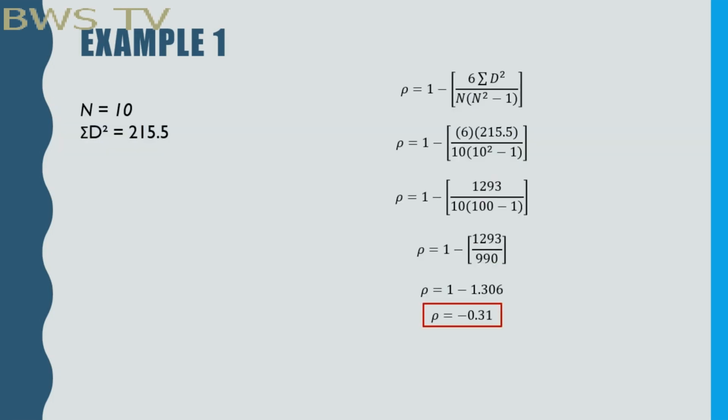Then, we can start solving for rho since we've finished the table. Again, the formula for rho is 1 minus 6 summation of d squared over n multiplied by n squared minus 1. Then you can substitute it with their appropriate numbers.